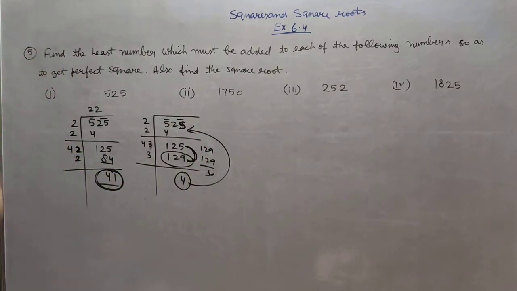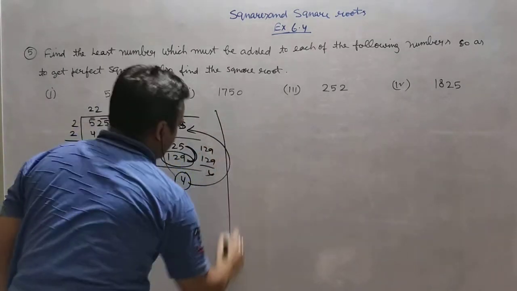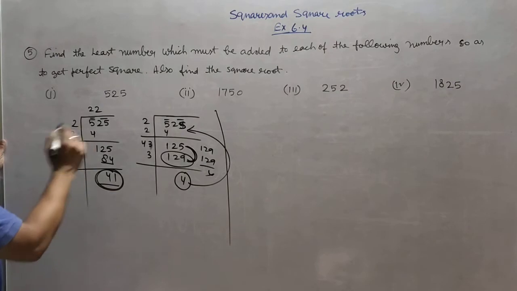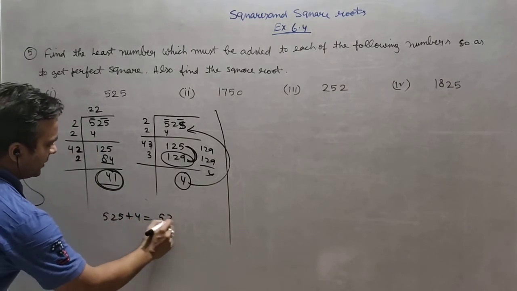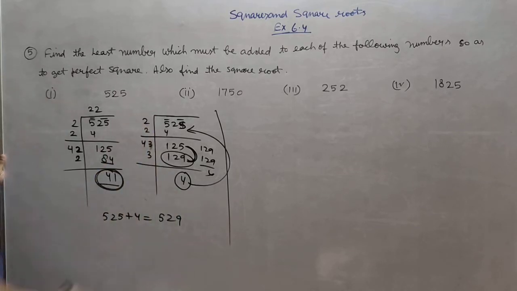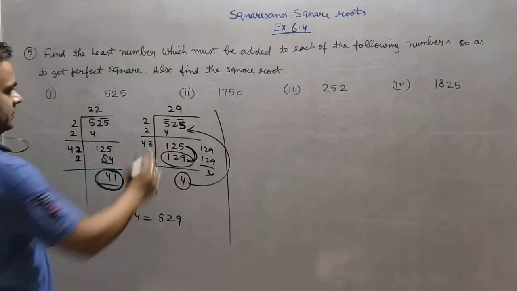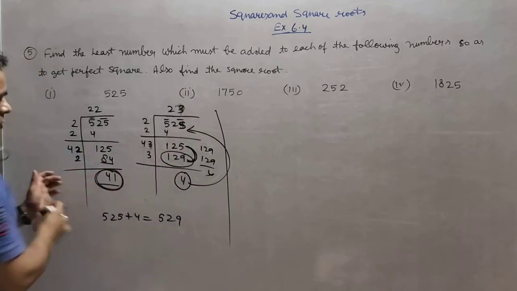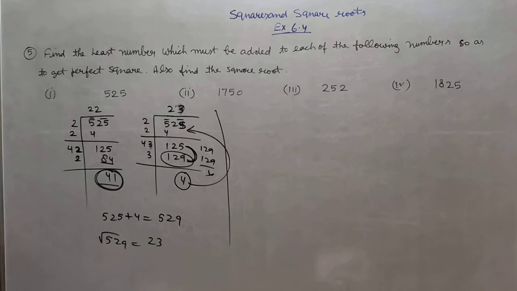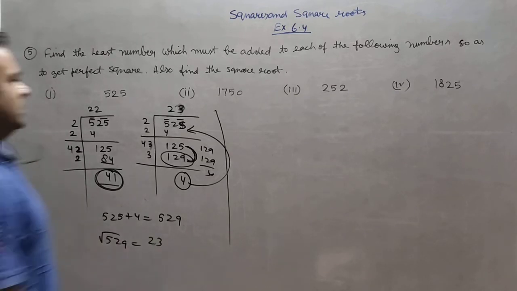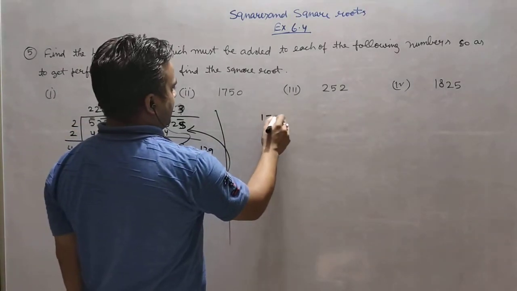Because we are searching for the next number. Okay, now I am telling you the next one because it will make you more clear. So it will be 525. If I add 4 here, it is 529. So now the square root of 529 is 23. Clear?